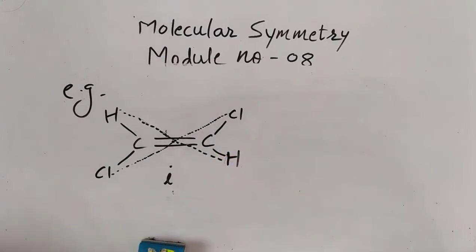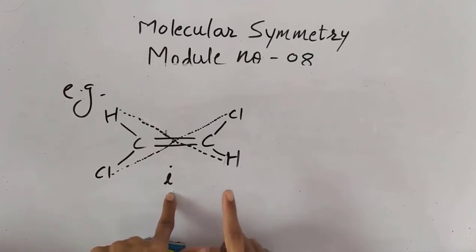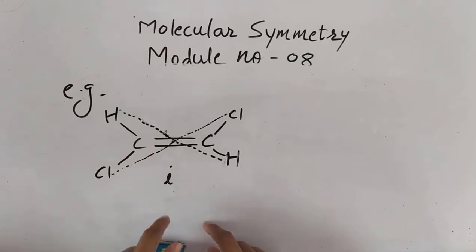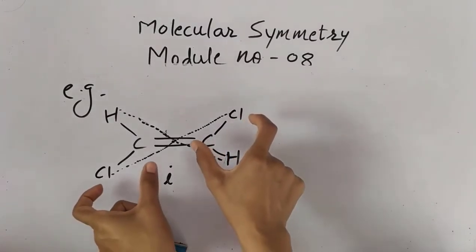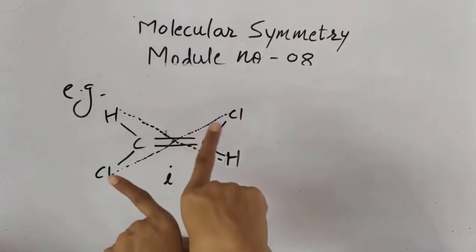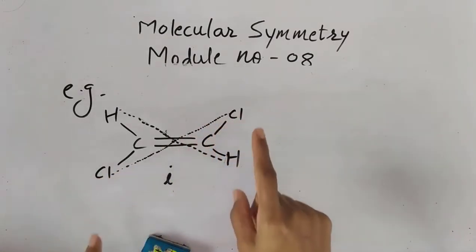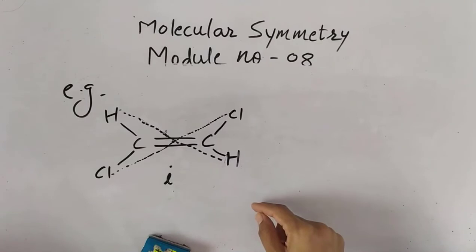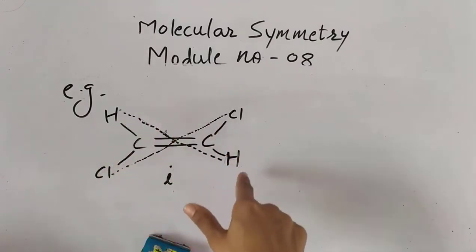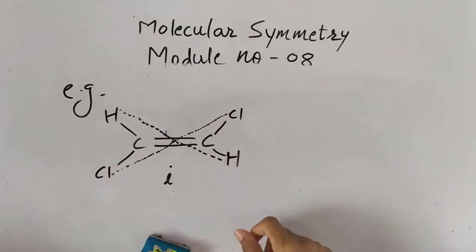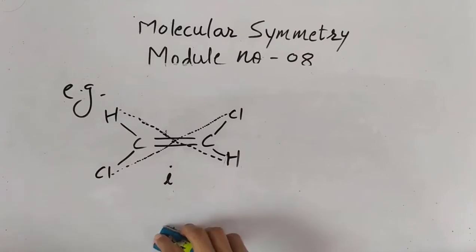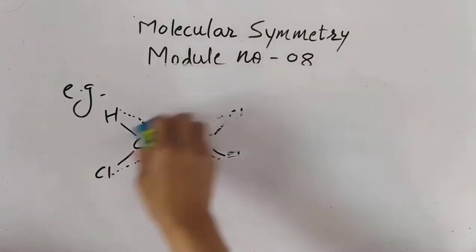The keywords you have to remember: there should be the same atoms at equidistance but in the opposite direction. And another important thing is that it should happen with all the atoms present in a molecule. If the condition is like that, then the molecule is said to possess a center of inversion. Let's take further examples.